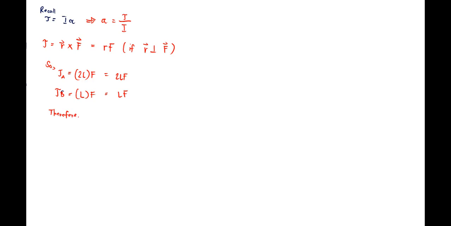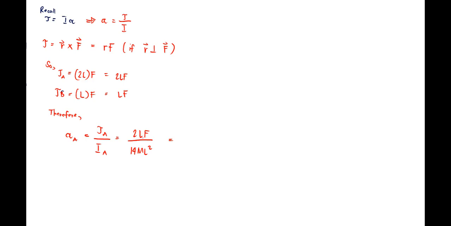Therefore, alpha for system A, the angular acceleration for system A, is equal to torque of A divided by the moment of inertia of A. So this is 2LF divided by the moment of inertia, which is 14ML squared. Okay, so we can further simplify this.